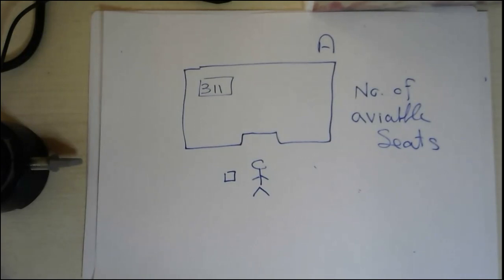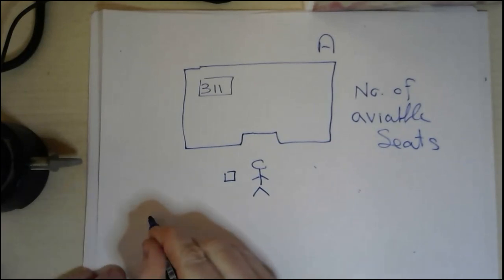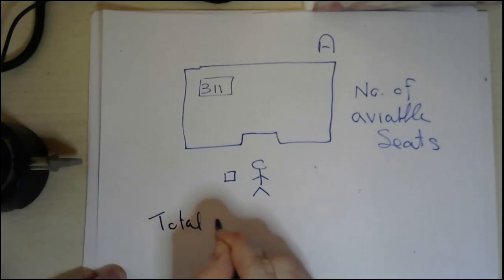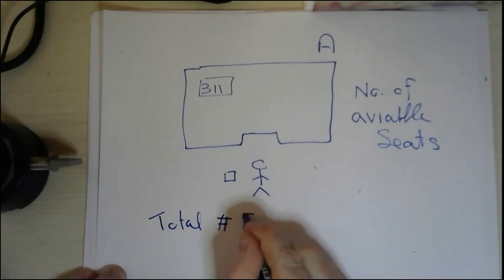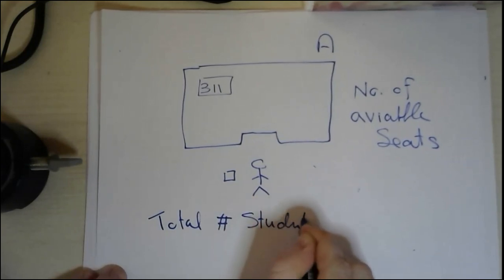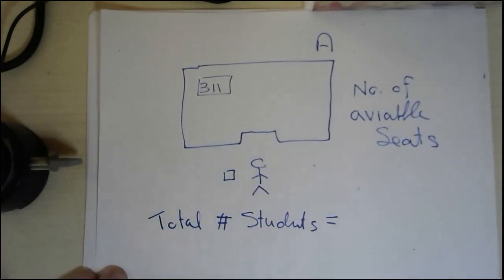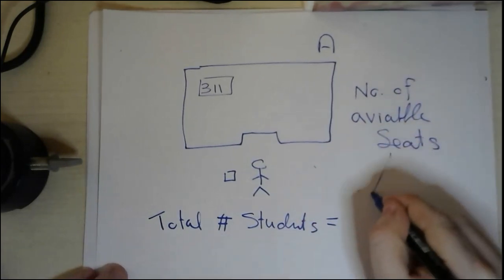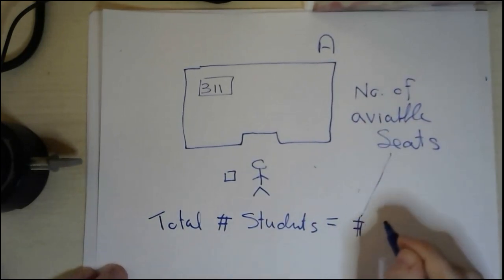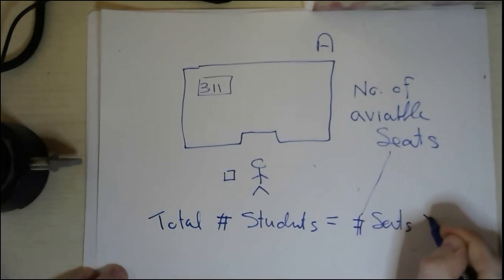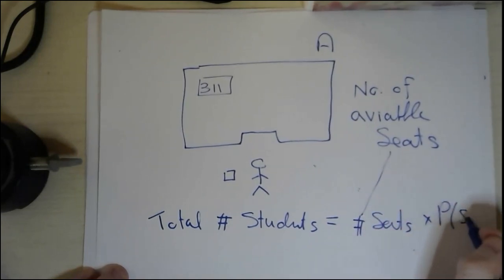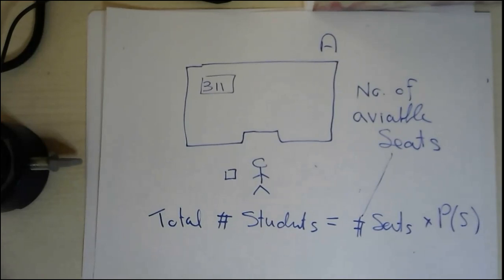So you can simply say that the total number of students is simply the multiplication of the number of seats and the probability to find the students. So on Friday morning, the number of seats is 50, but the probability to find the students is 0, so the output is 0.